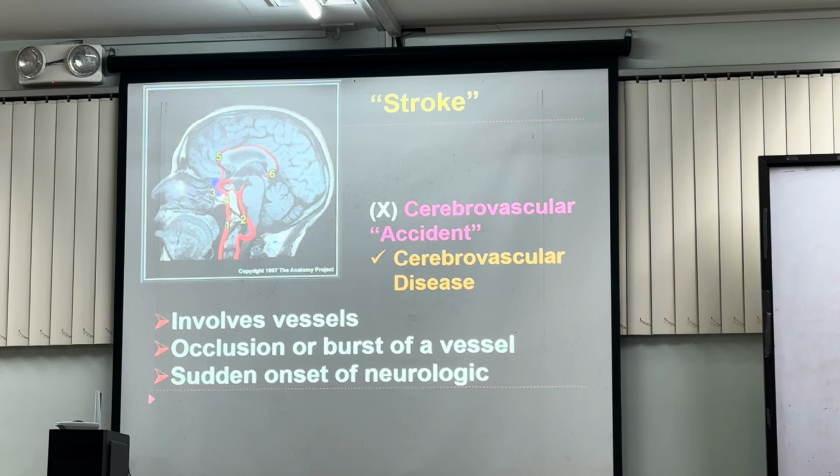Isn't that easy to remember? And because rupture or occlusion happens suddenly, manifestations will be sudden. So the clue to a diagnosis of stroke is sudden onset of a neurologic deficit.